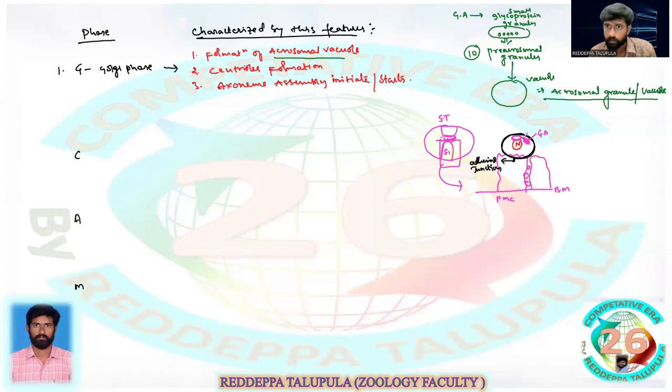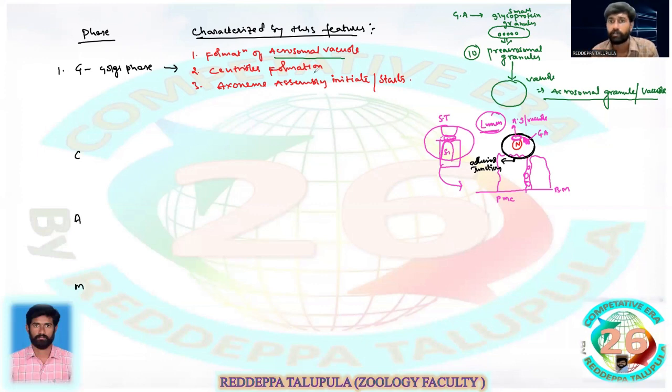The acrosomal granule or vacuole will be present near the lumen side. Keep it in mind, the acrosomal vacuole will be formed towards the lumen, not towards the central cells. That is the main thing.